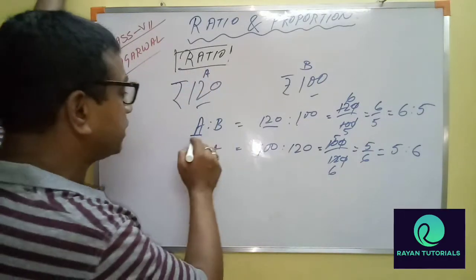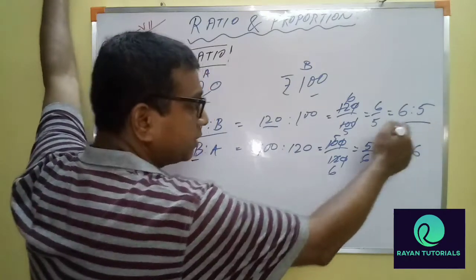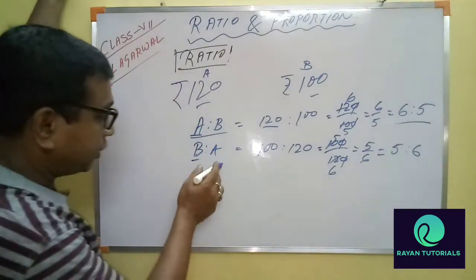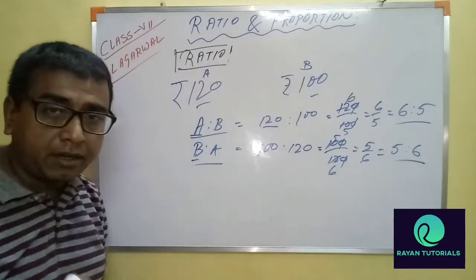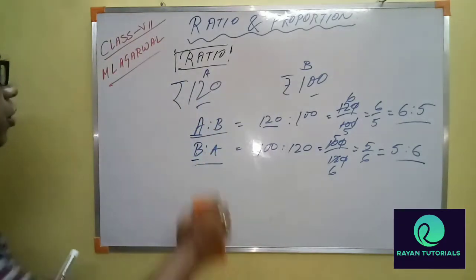So if I ask you what is the ratio of A is to B, the answer is 6:5. The ratio of B is to A, the answer is 5:6. Clear? Okay.